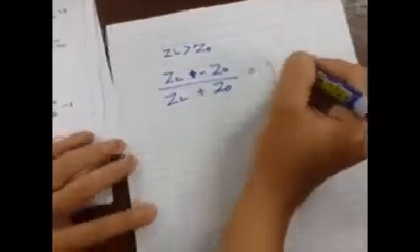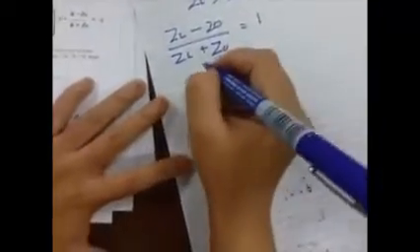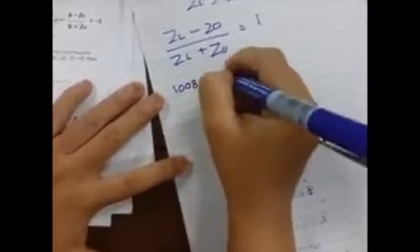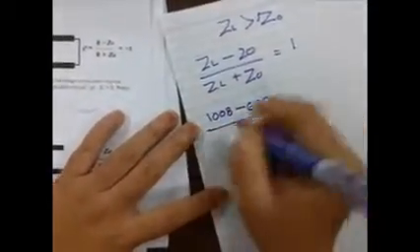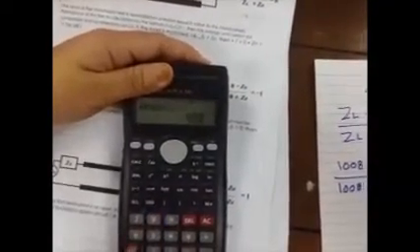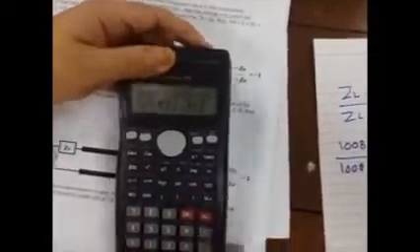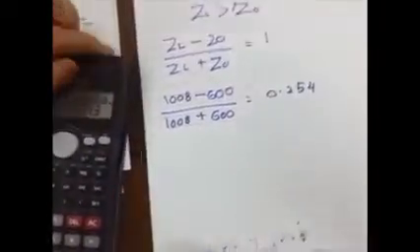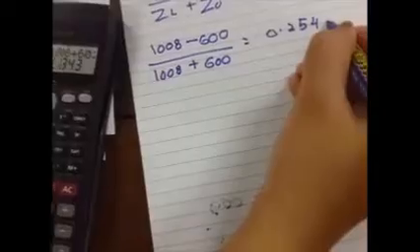We take the 1,008 minus 600 divided by 1,008 plus 600, which equals 0.254.